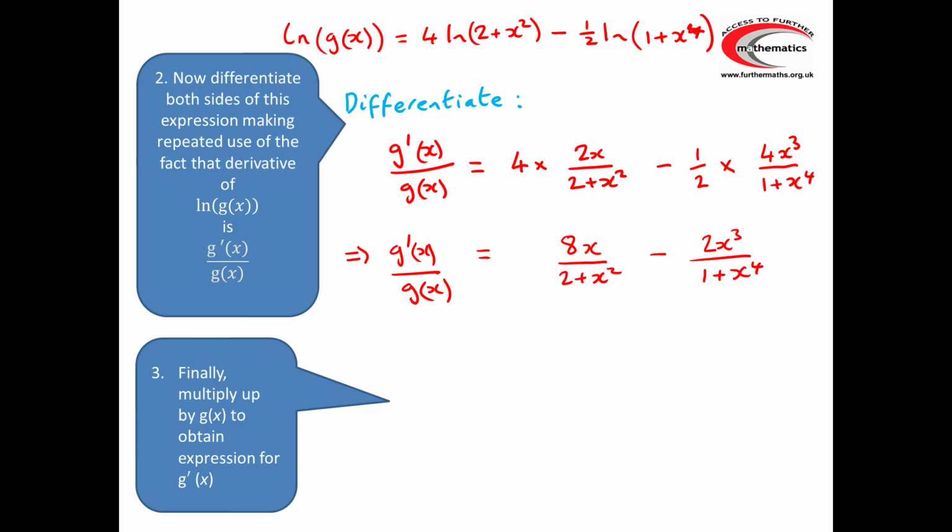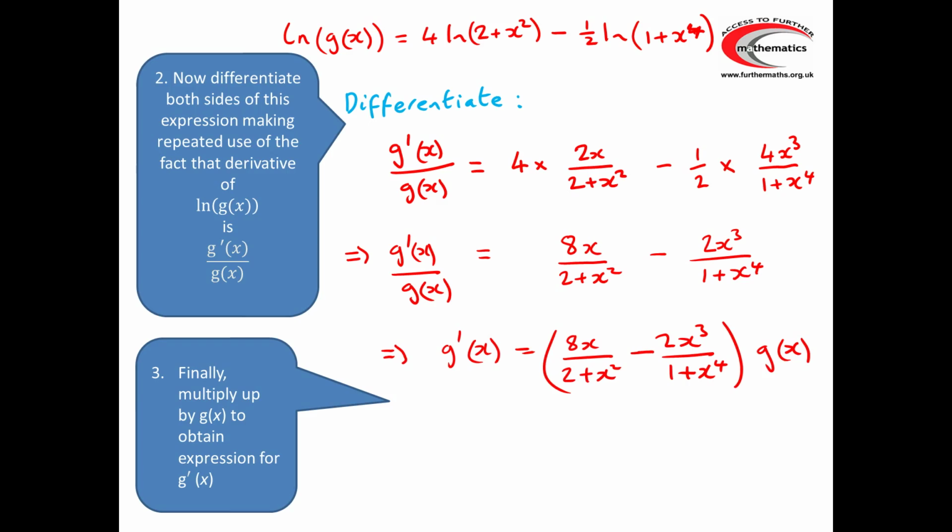Or we want an expression for g dash x. We want an expression for the derivative of g. So all we need to do at this stage is multiply up by g of x. So we've got g dash x, the derivative of g of x, is 8x over 2 plus x squared, take away 2x cubed over 1 plus x to the 4, times by g of x.